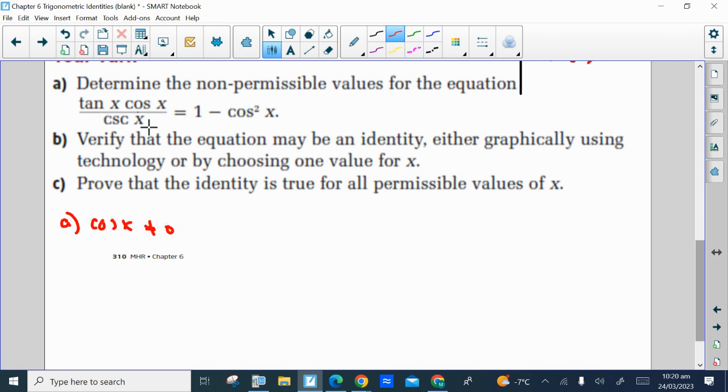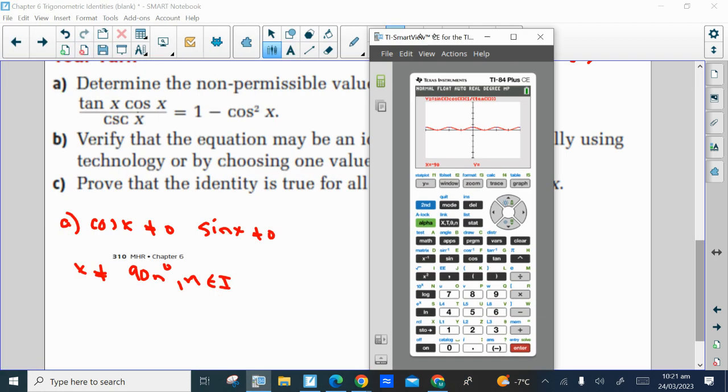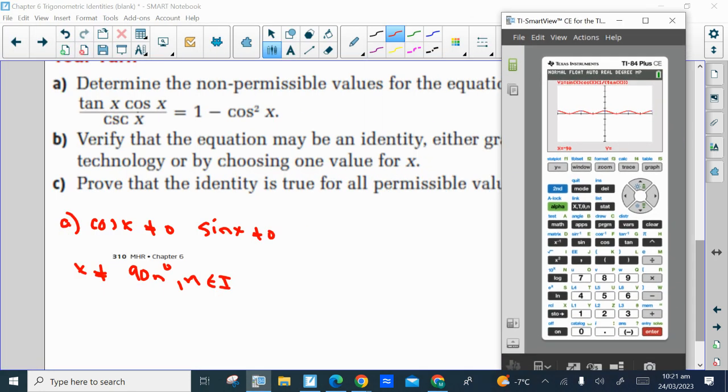But also you've got a denominator of cosecant, which is 1 over sine, so sine x can't equal 0 either. And so again, our restrictions on x are that they cannot equal every multiple of 90 degrees, which we will confirm using our graphing calculator, because part B says we can show graphically that the statement is probably an identity.